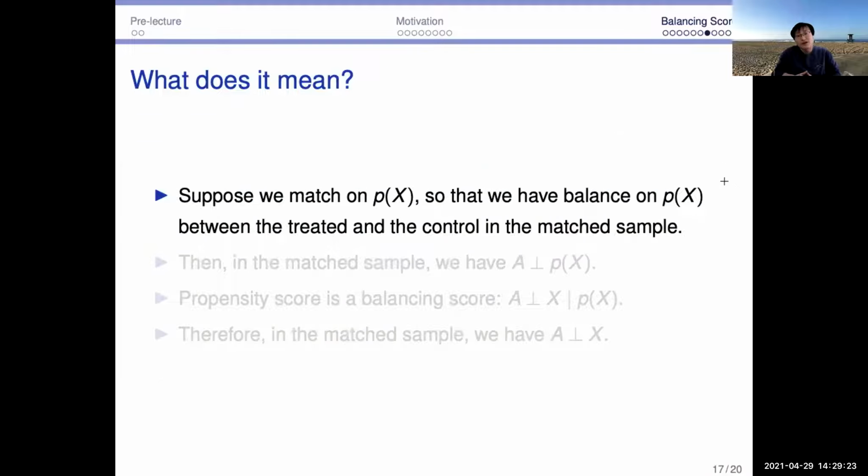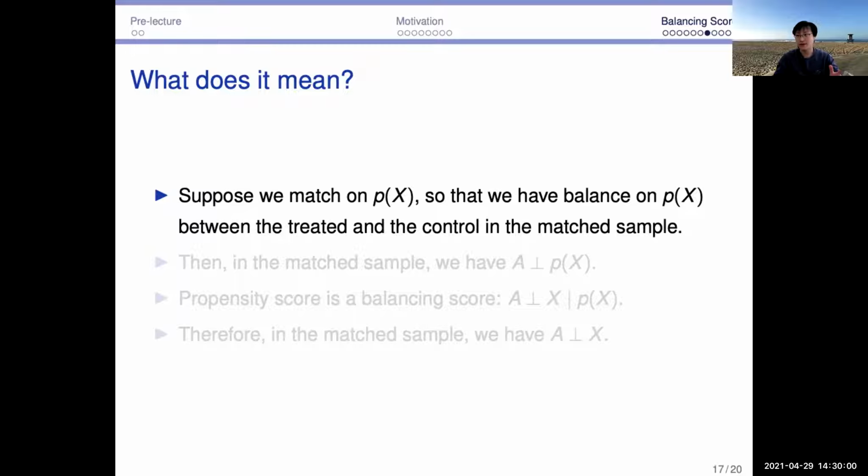So what do the results we've derived imply practically? Suppose that instead of matching on covariates, or based on a certain distance measure, or combining covariates together in a certain way, we calculate the propensity score for each individual, and then match on the propensity score.